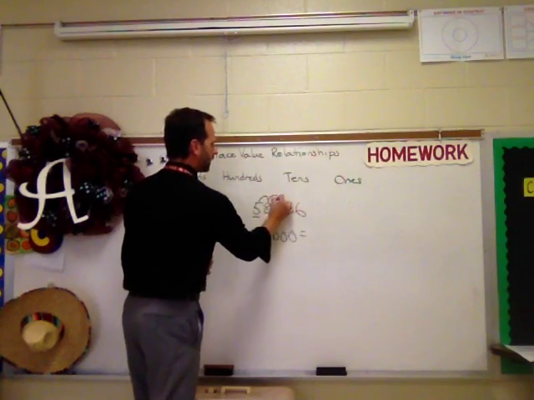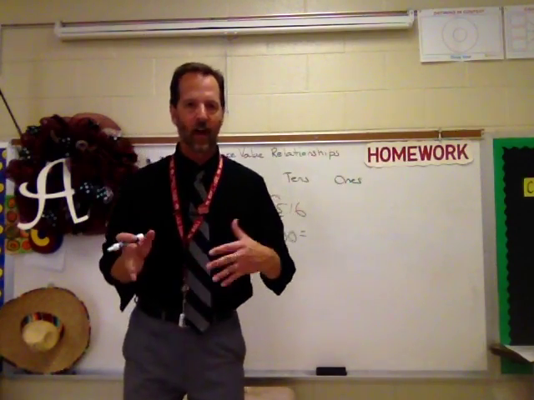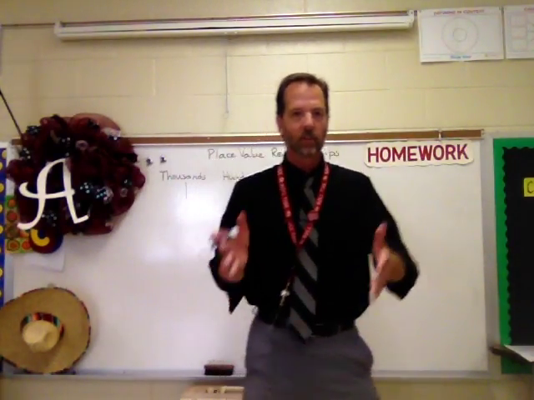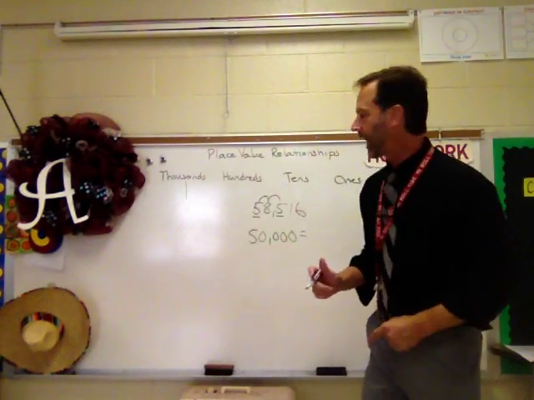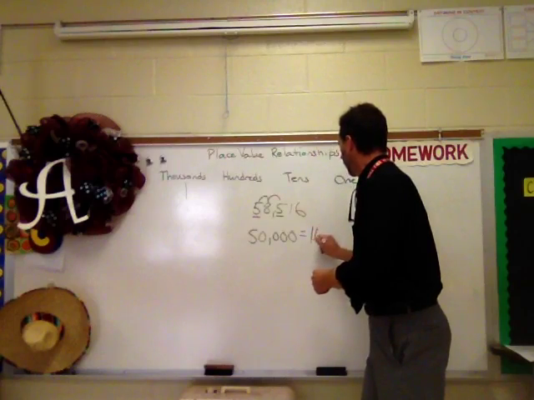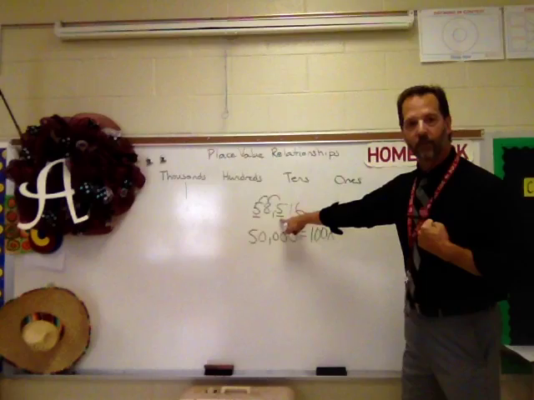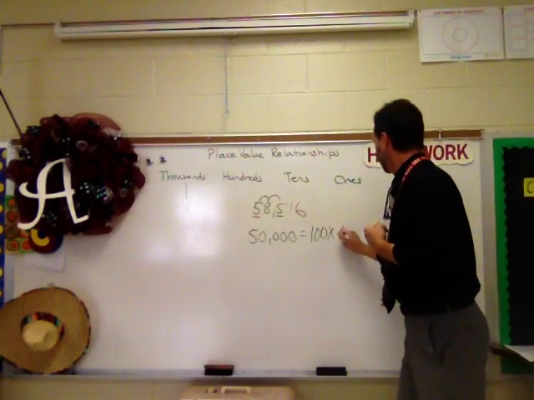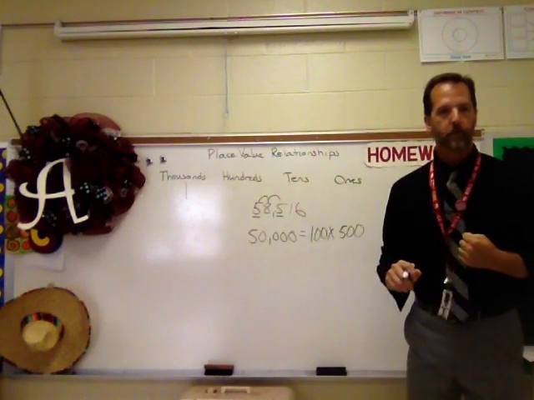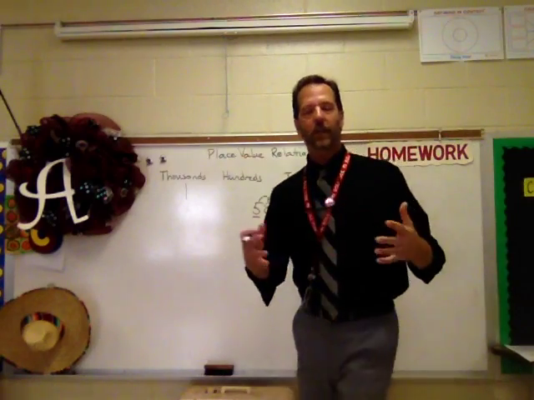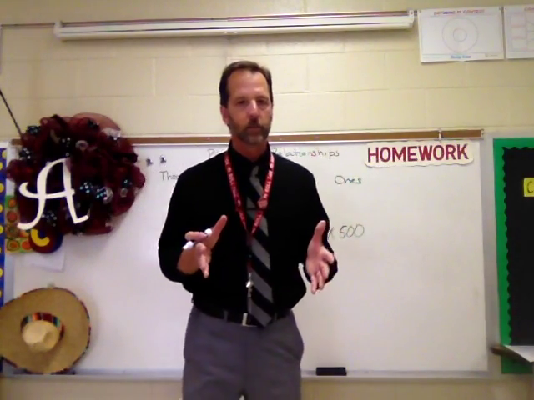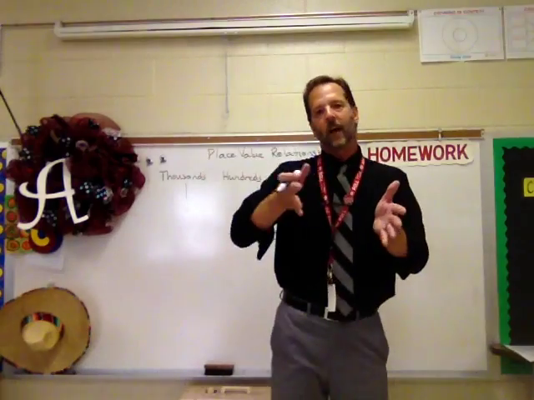It's 2 places over. Do you remember how many times greater it was when it's 2 places over? It's 100 times greater. So it's going to be 100 times the value of this 5. And the value of this 5 is 500.